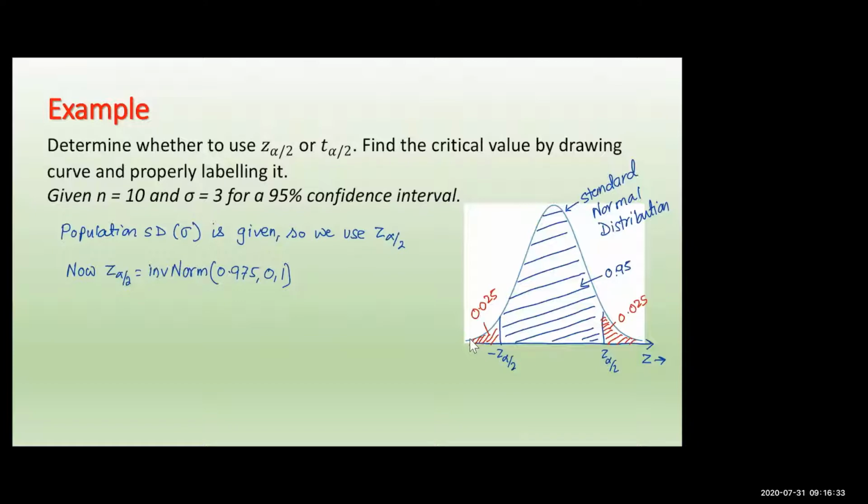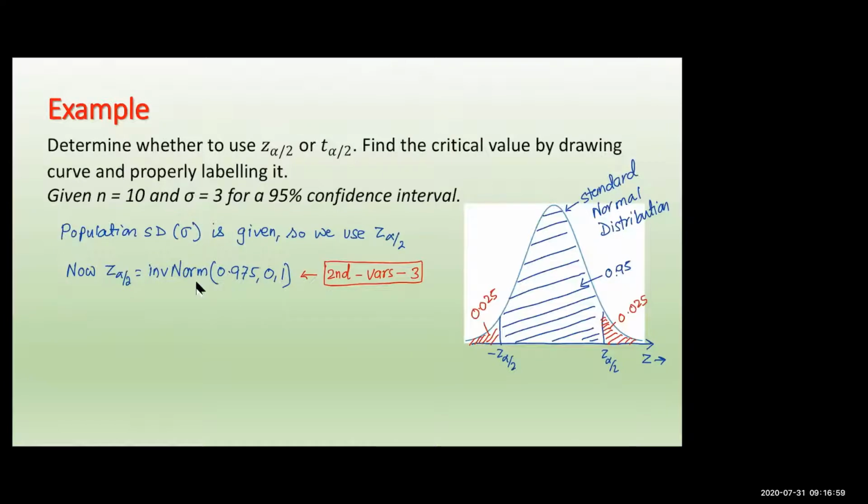Now we need to use our TI-84 calculator to compute this. In your TI-84 calculator, you go to second, then vars, and number 3. After you go there, put the proper area, mean, and standard deviation. Your area is 0.975, mean is 0, standard deviation is 1.